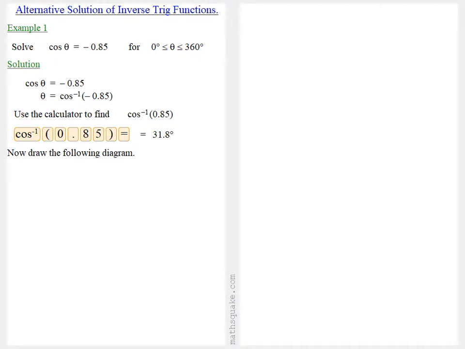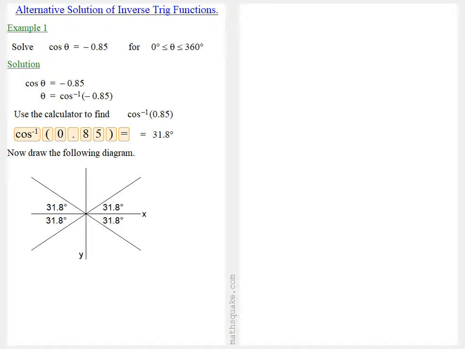Now, we draw a diagram. We start with the x and y axes, and we draw two diagonal straight lines intersecting each other at the origin. Now, we write 31.8 degrees just above the positive x-axis, just above the negative x-axis, just below the negative x-axis, and just below the positive x-axis.